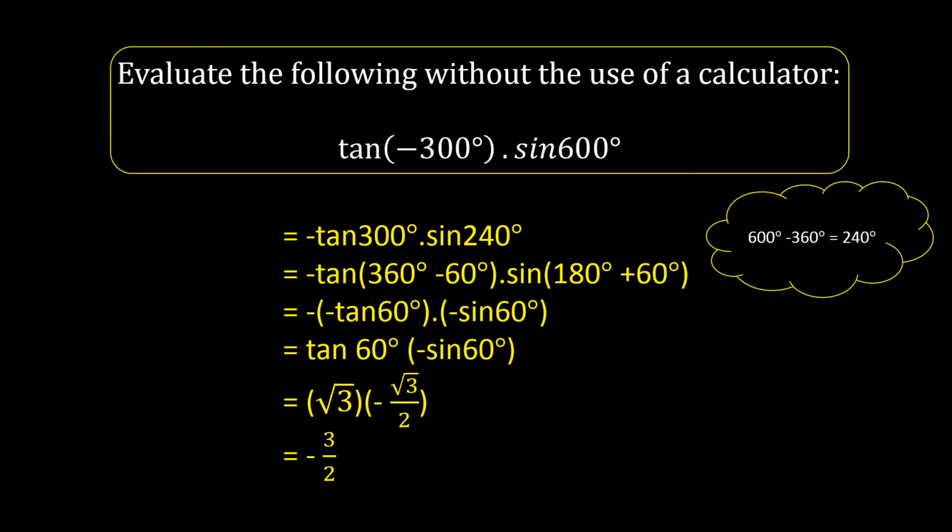Tan 60 is root 3, times minus sine 60, which is minus root 3 over 2, and we get the final answer. Root 3 times root 3 is 3. So that is how we apply. We will come back with beautiful questions after we do the compound angles and double angles.